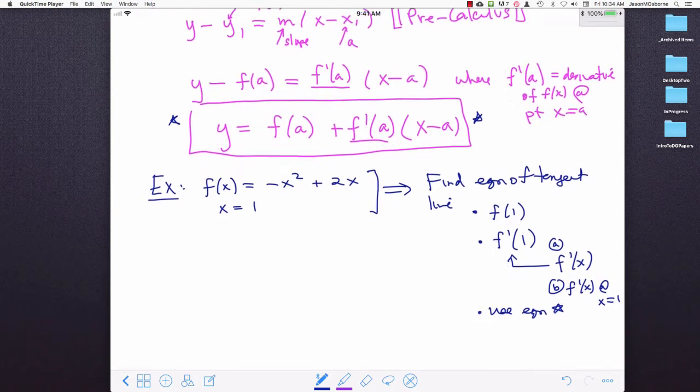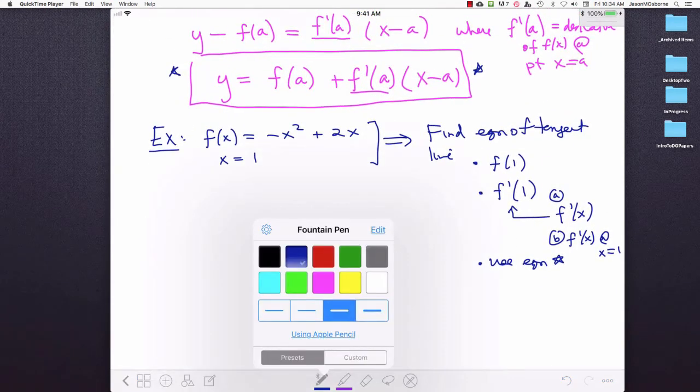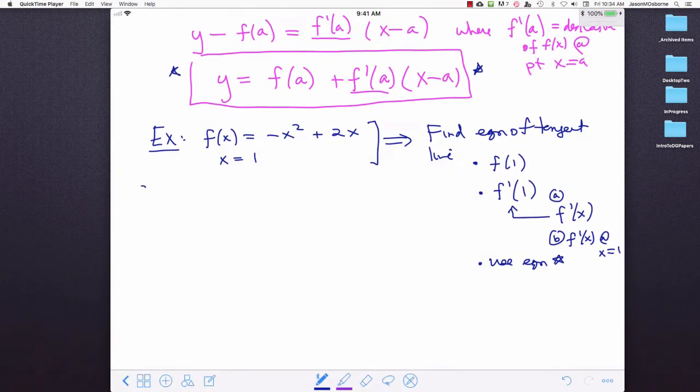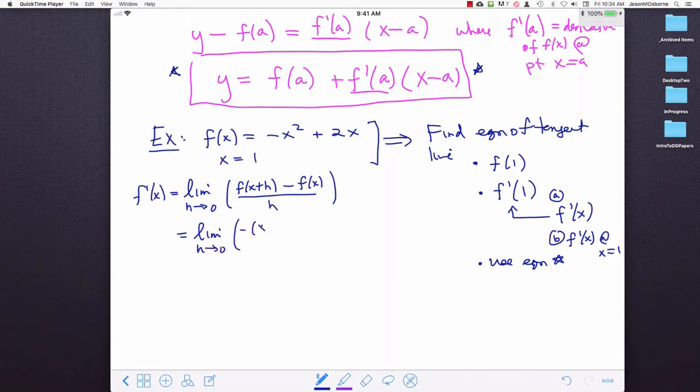So, to compute the derivative function f prime of x, we need the slope of the tangent line at any value x: the limit as h goes to 0 of f of x plus h minus f of x, divided by h. We need to compute a limit. f of x plus h is negative x plus h squared plus 2 times x plus h.